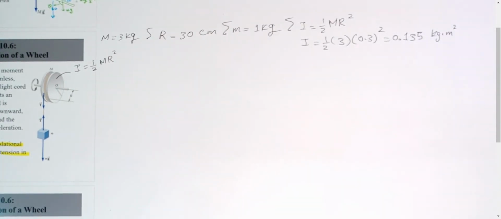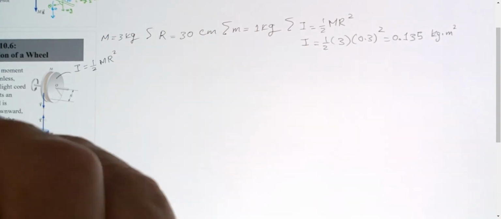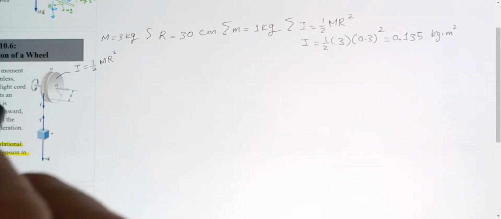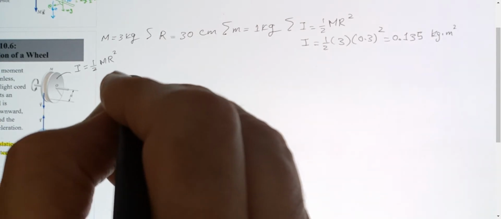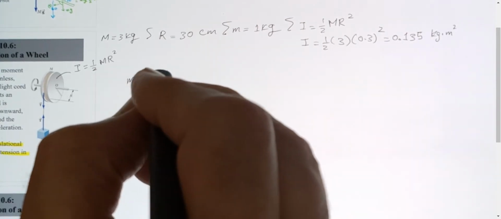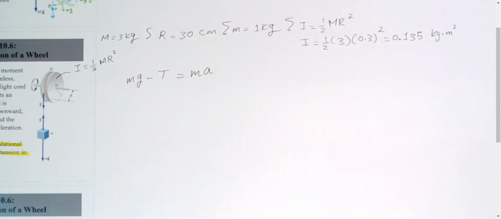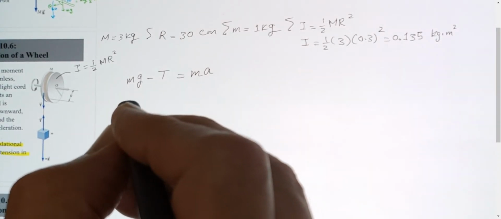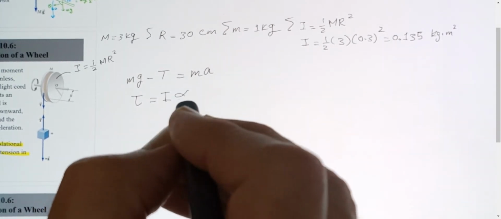طيب, how to solve this equation? Let's write our equations. Our sheet, let's write the equation that we can write for the small object, this one. We have mg minus t is equal ma, and here the small m, not the large m. And also we have the torque is equal I alpha.